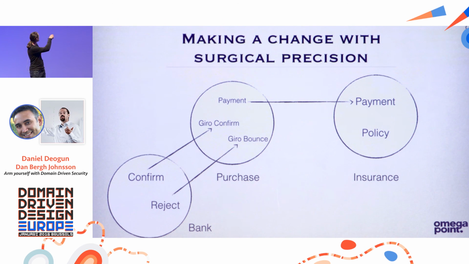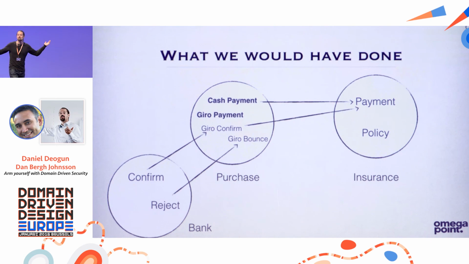And that will be handled by the purchase department and the finance. However, the insurance people will still see this as a valid policy. So we will have people not paying, but still getting valid policies.